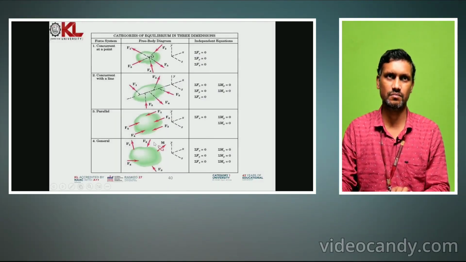These are some particular conditions which you face in day to day life, and for those, what things are required? Only the summation of forces is required, sum of forces in two directions and one moment, or only summation of forces, or a moment and force combination. Many combinations are here.